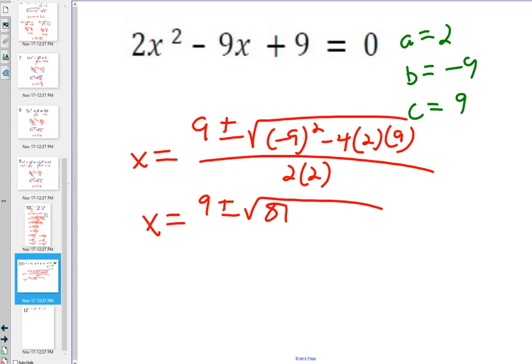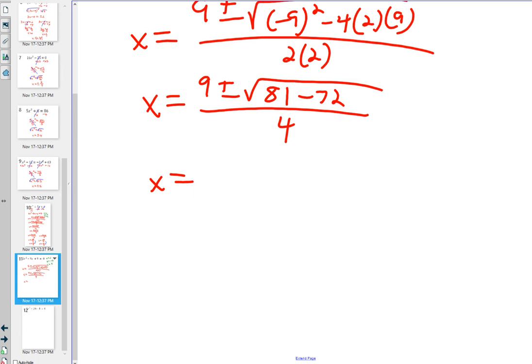How many negatives come after the 81? So I'm going to keep it negative. 4 times 2 times 9 is 72. Over 4.